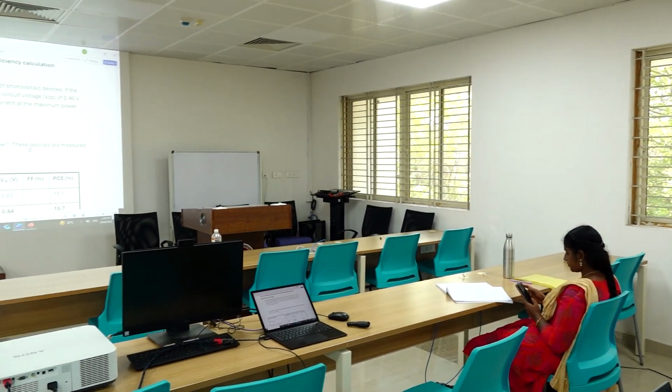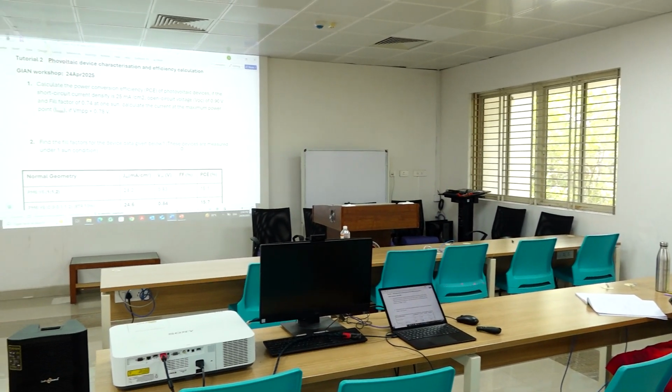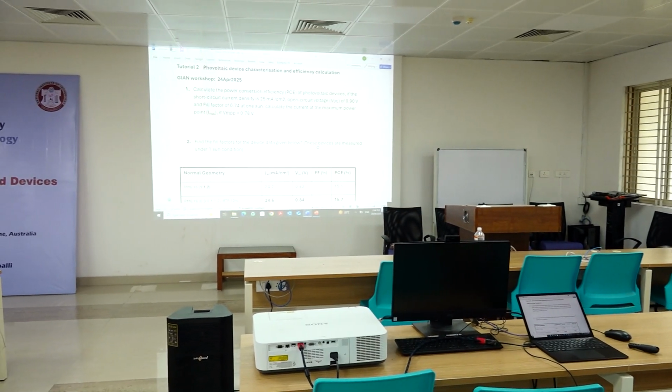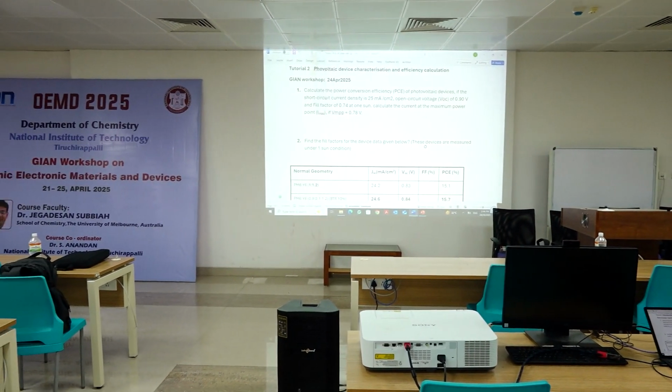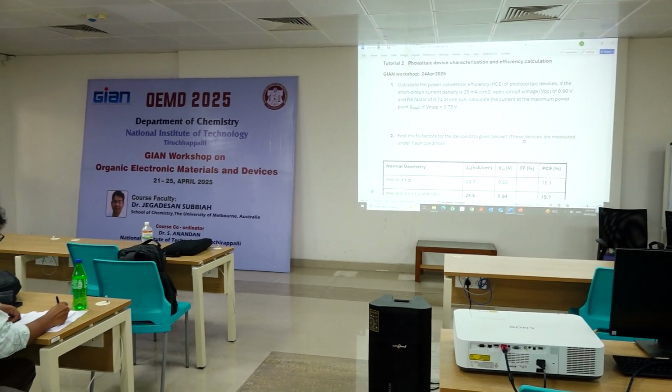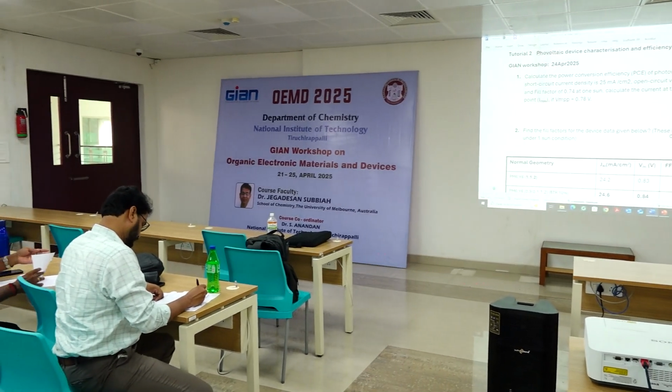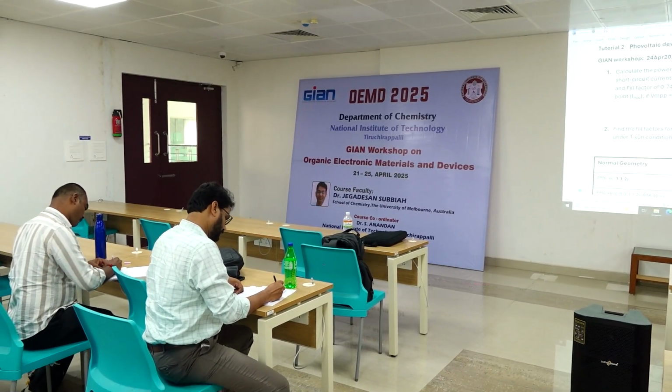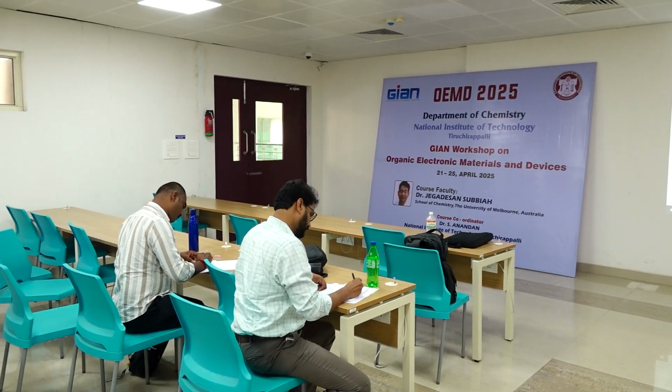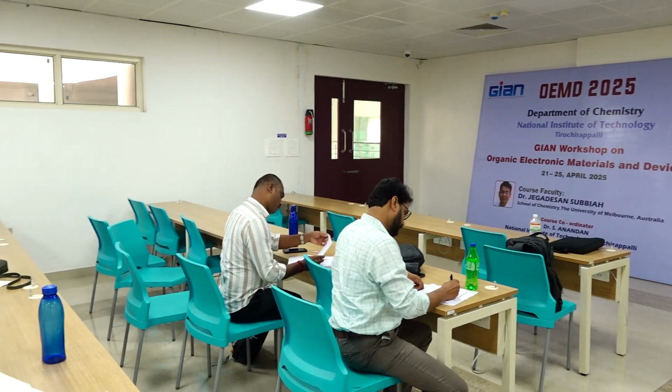So don't convert any value into 10 power minus 3 or something. Take the value and just calculate. Where is the problem? Convert. Don't convert it. Just multiply. Because we are keeping the denominator the same, milliampere per centimeter squared. So just substitute the value and find out.